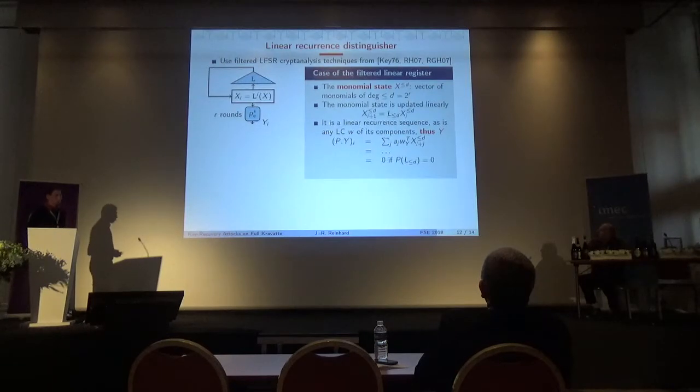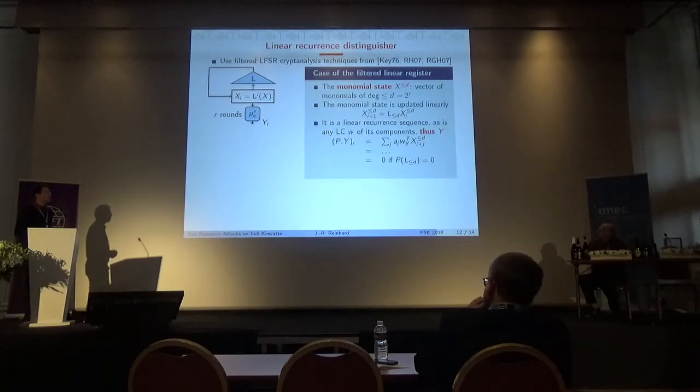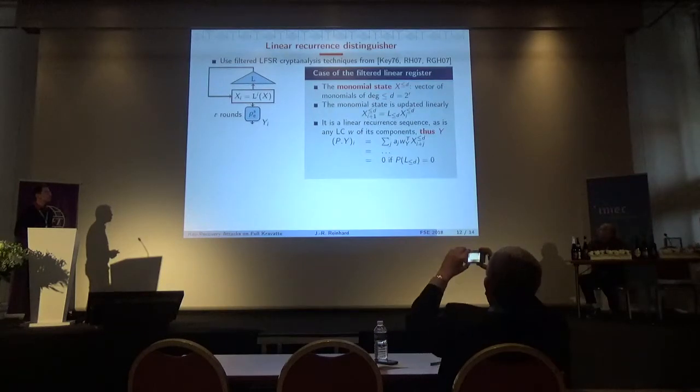So now let's move to what happens when you filter your linear register. Well, in fact, everything can be adapted if you consider the monomial state. It's a vector containing all the monomials of degree less than d, d being the degree of the function. This monomial state is still linearly updated. It's pretty straightforward to see this with a larger matrix, obviously.